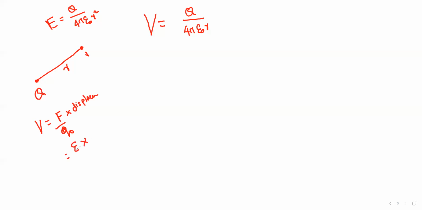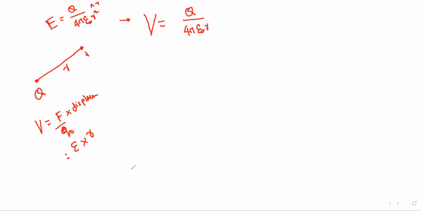If you just multiply this electric field intensity with the displacement R, then you will get this. Then this R and R square are getting cancelled, so you will get this formula. So this is the simple way of getting it. But the actual meaning is we can't simply multiply by R. What we have to do is integrate this E with respect to R.